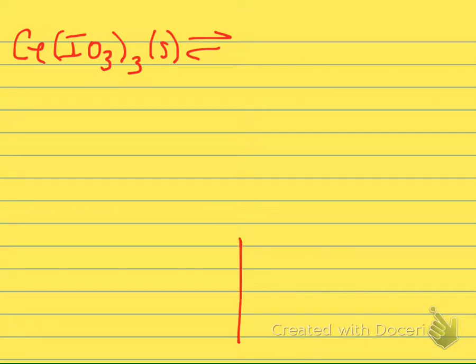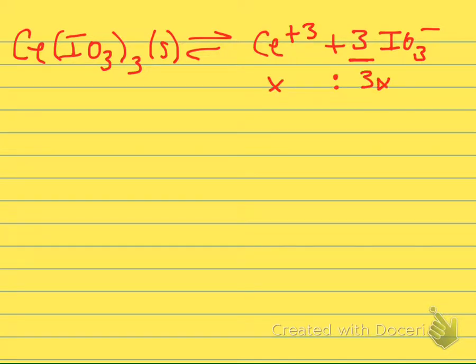So here's my equation again. CeIO3 solid will break down into its component ions, which are Ce plus 3 plus, importantly here, 3 IO3 minus. And I don't need this x and 3x this time because I just solved for my values.